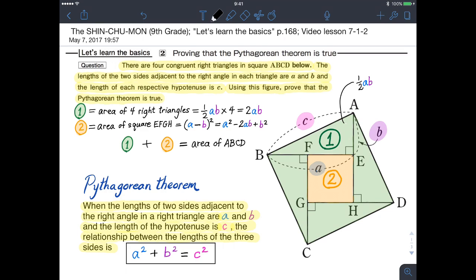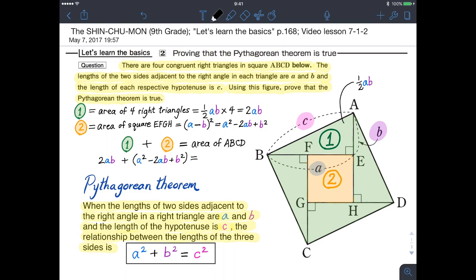Now substituting in these values for 1 and 2 below, we get 2AB plus the quantity A squared minus 2AB plus B squared.